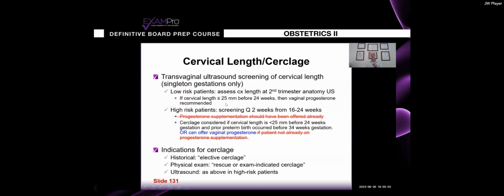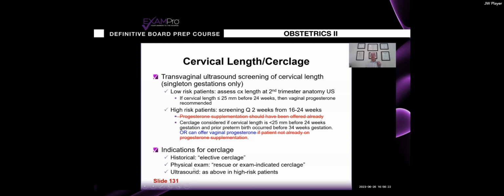For people who have had a previous spontaneous preterm birth, this is the general obstetrical population right here. Now these are the people with the previous spontaneous preterm birth. We do the cervical length screening every 2 weeks from 16 to 24 weeks, which is reasonable. And if you pick up a cervical length of less than 25 millimeters, you would offer them progesterone, which is why I've highlighted it right there.